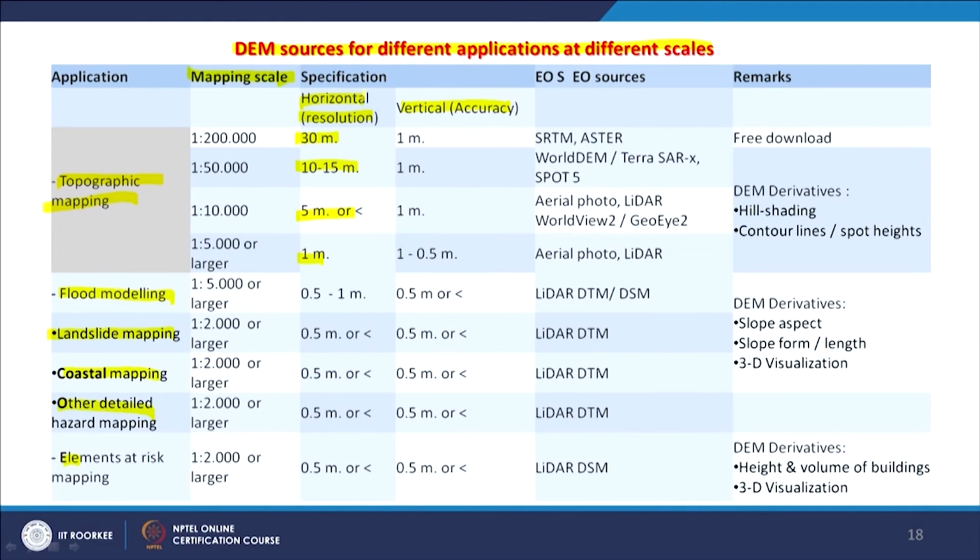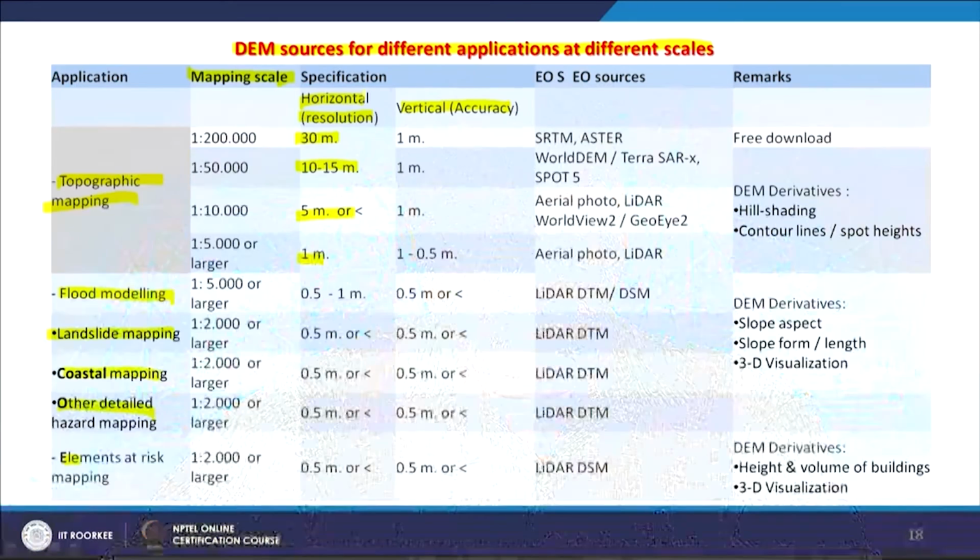Therefore, a DM generally has two resolutions: one is spatial resolution, the horizontal one, and another is vertical, which is about the height. Generally there is a difference, and spatial resolution is always coarser than vertical resolution.